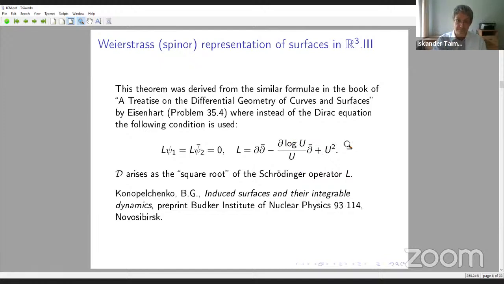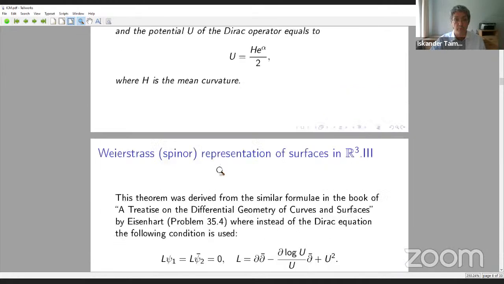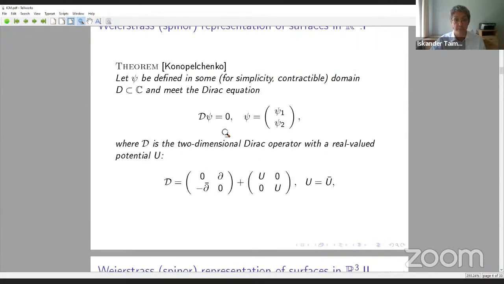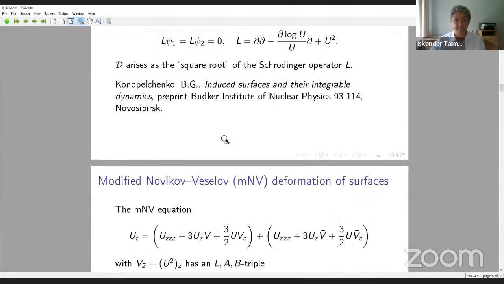Moreover, we can notice that D can be written as the square root of the Schrodinger operator. The original Dirac operator in mathematical physics is the square root of the Klein-Gordon operator. Now it's the square root of the Schrodinger operator. So this condition by Eisenhart can be written in the form of this Dirac equation, D psi equals 0.